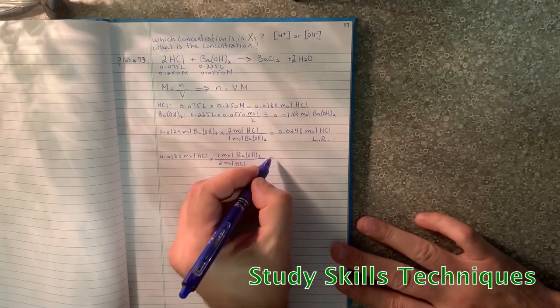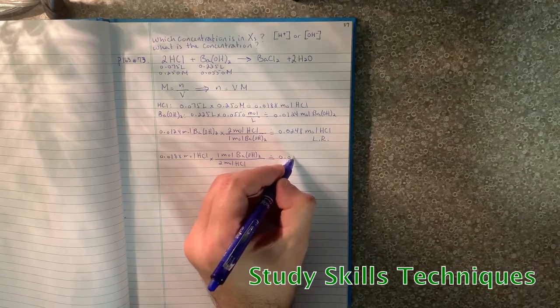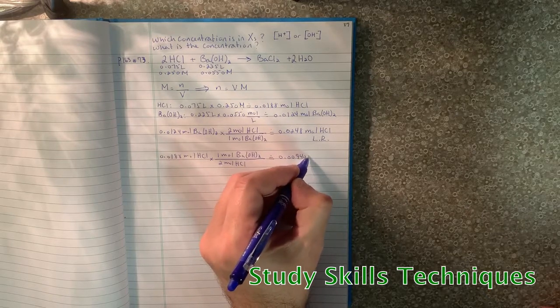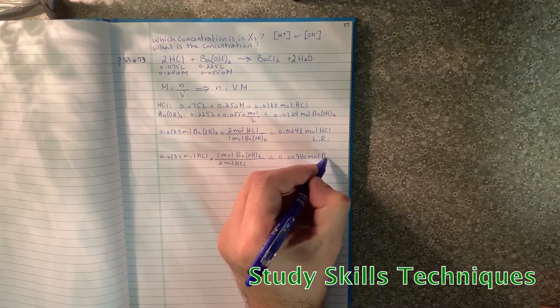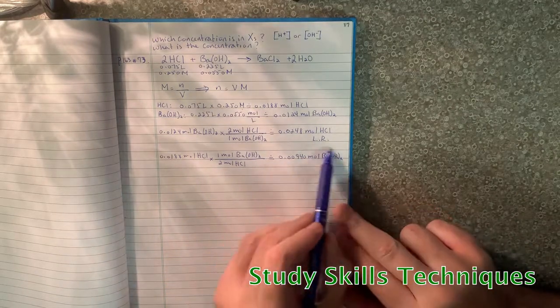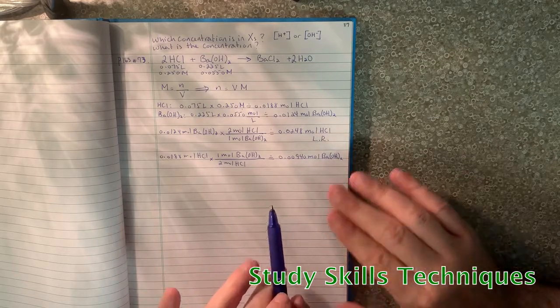So when we multiply across, we end up getting 0.00940 moles of barium hydroxide. This is the actual amount that reacted.